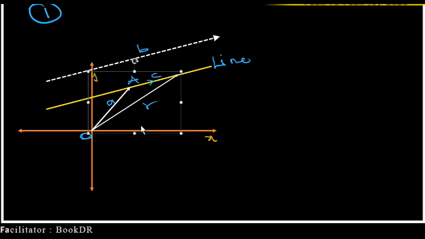We also know that since vectors R, A, and C are the sides of the triangle, the triangular law of vectors can be used. By the triangular law, R is the resultant of A and C. And as such, we can say the vector R is equal to A plus C.